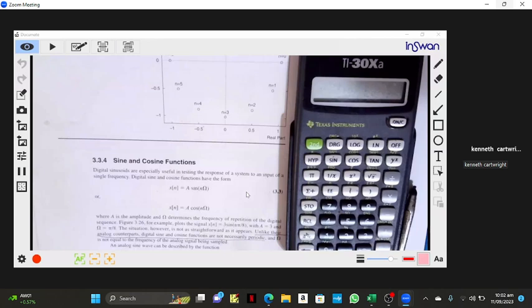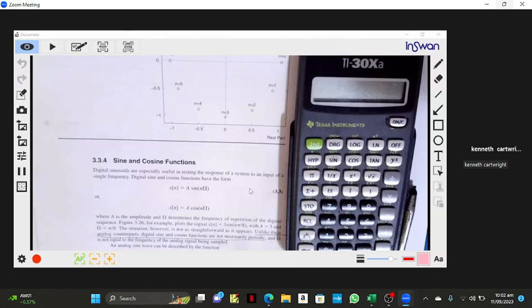Folks, I'm just asking you to look at equation 3. You mean that without omega? All right, yes, omega.